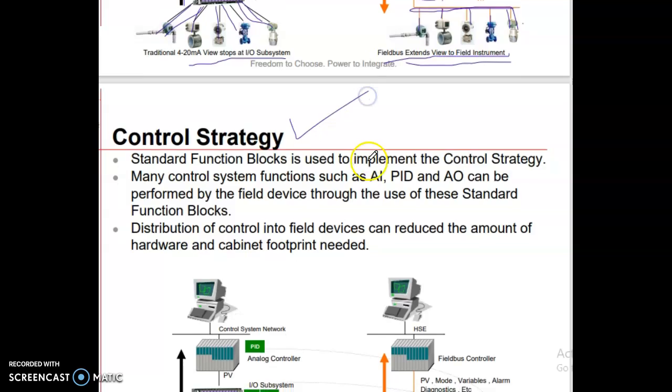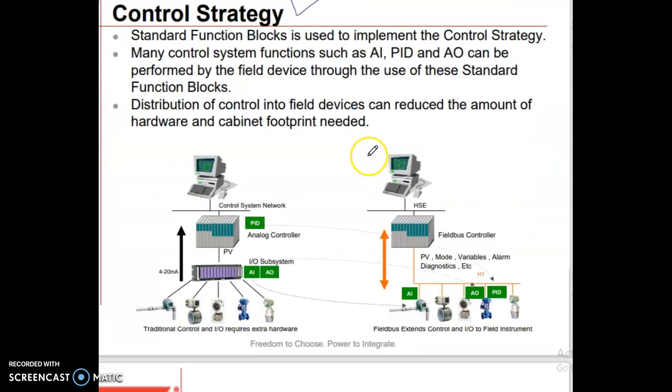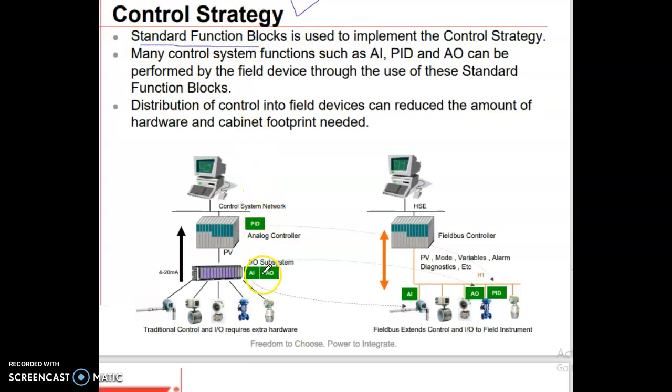Control strategy. What is the control strategy? Standard function blocks are used to implement the control strategy.